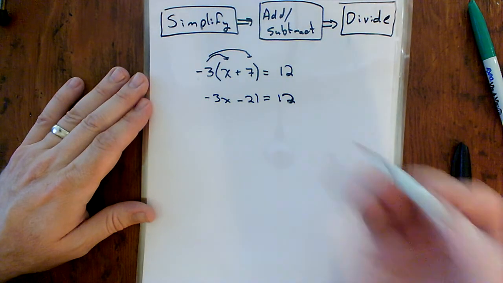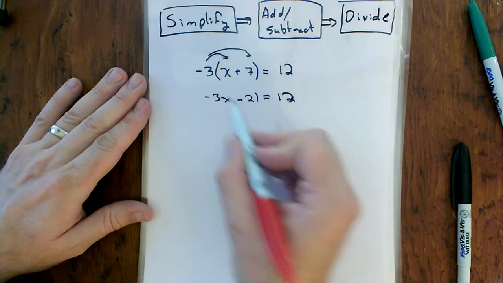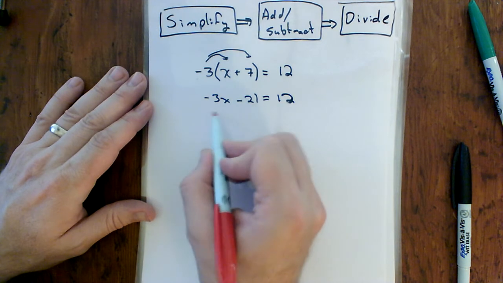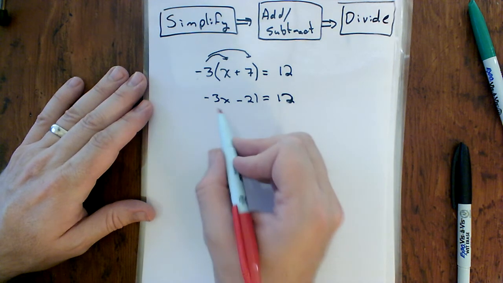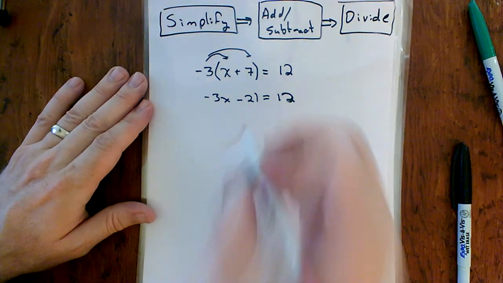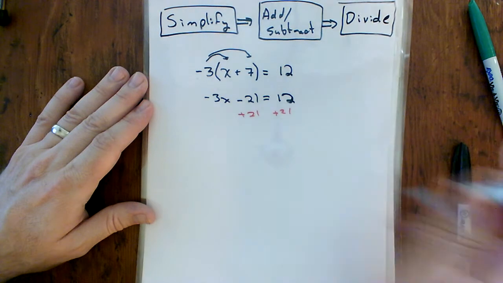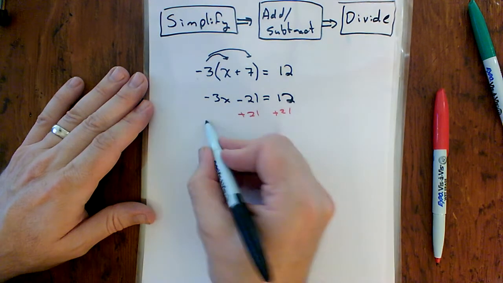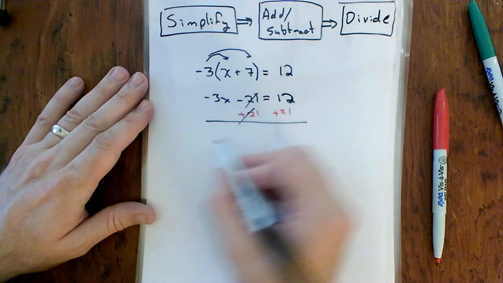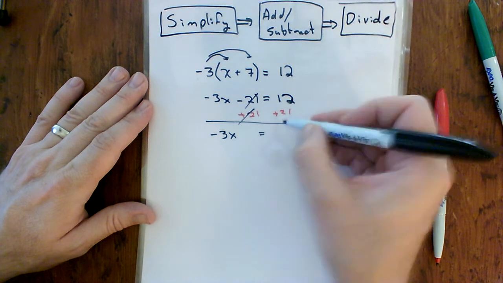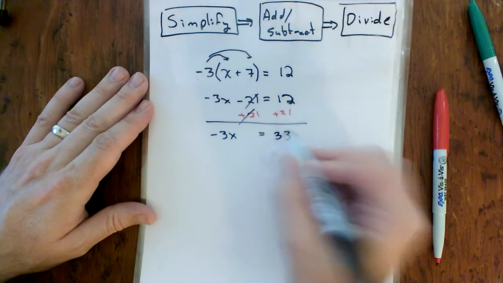Next, we'd add or subtract. And again, we're trying to isolate this variable. So whatever our variable is attached to, we want it to be more alone with every step. So I'm going to go ahead and add 21 to both sides. I'll have -3x is equal to, looks like a 33.